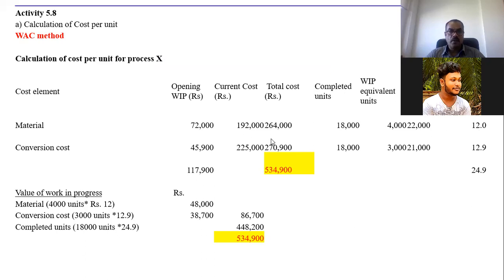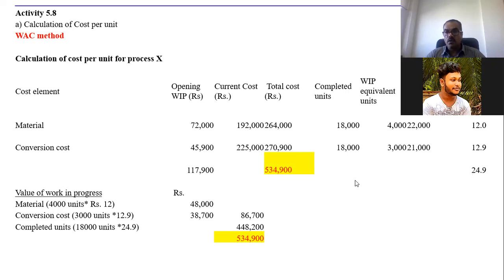Conversion cost will take everything, labor and your weights. Completed 18,000, but only 75% is complete. So this is the way we have to assign the cost.